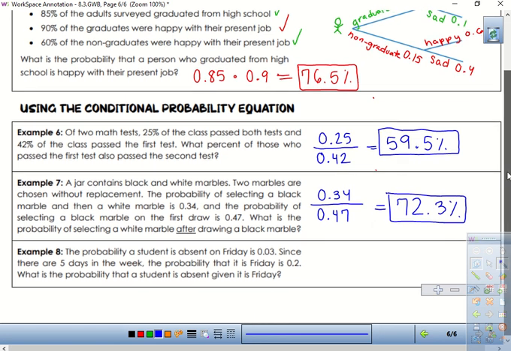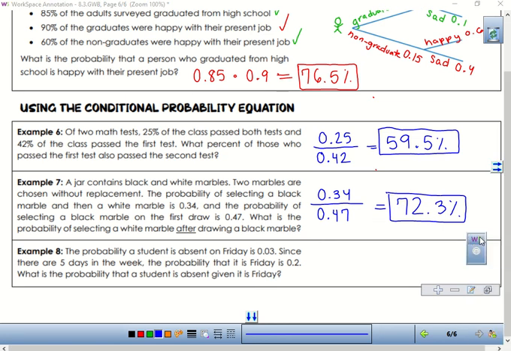Now the next one: the probability a student is absent on Friday is 0.03. Since there are 5 days a week, the probability that it is Friday is 0.2. You know what I mean by 5 days a week, 5 school days. What is the probability that a student is absent given that it's Friday? So we only care about absences on Fridays right now.